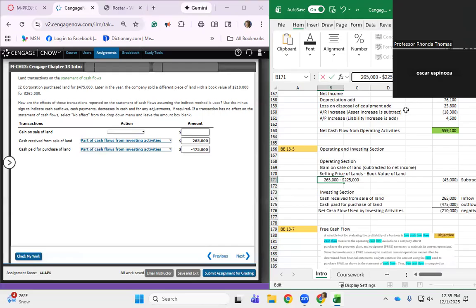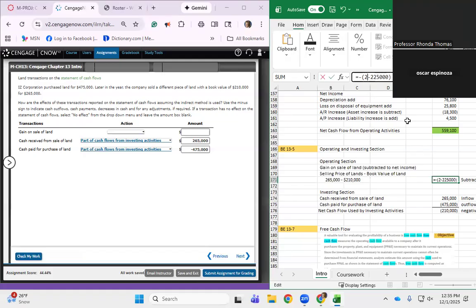So we bought it for 225,000, or to get it ready for us to use cost us 225,000. Now I'm going to subtract 210,000 from 265,000. So, and what do we do with this?